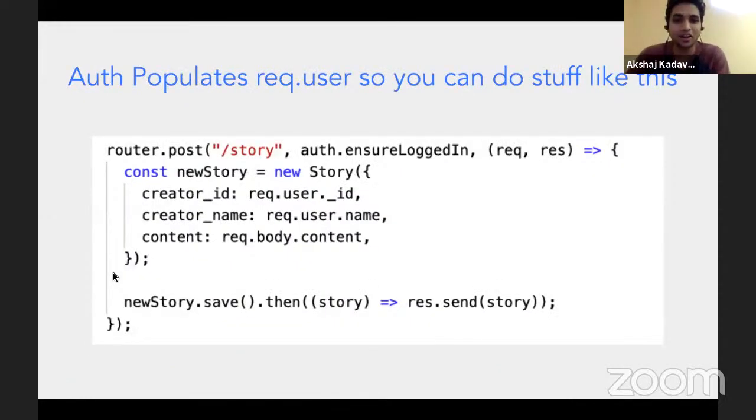Auth, we had a lecture on auth yesterday. I think the most important takeaway, or the biggest thing that you will use in your app from auth, is this req.user thing. And the cool thing about req.user is whenever you make a request from the front end to the back end, on the back end when you're dealing with a request, you have access to this thing called req.user, which gives you information about the user who sent the request.